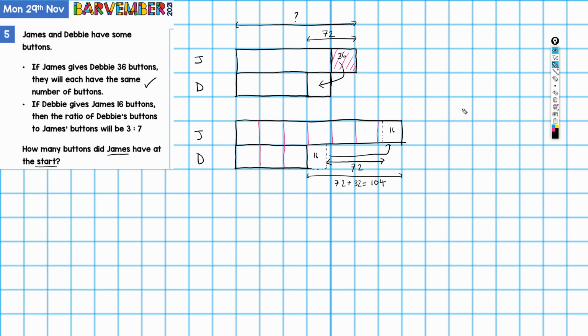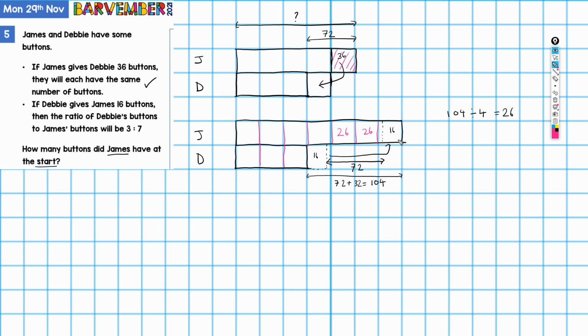So we need to divide 104 by 4, and that gives us 26. So now we know the value of each of these parts. So 26, 26, and I could keep drawing them.